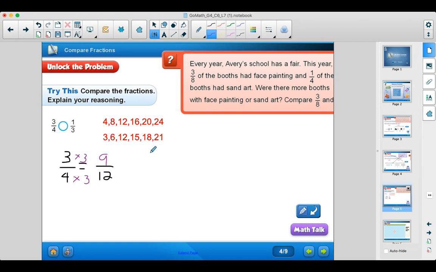Now let's do 1/3. 1/3 is equal to how many twelfths? 3 times 4 is 12. So 1 times 4 is 4.